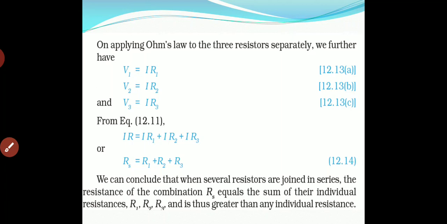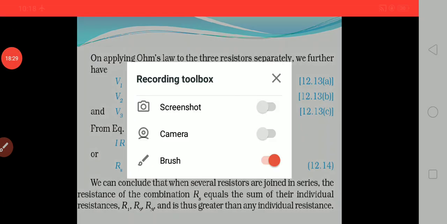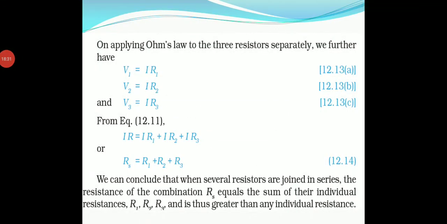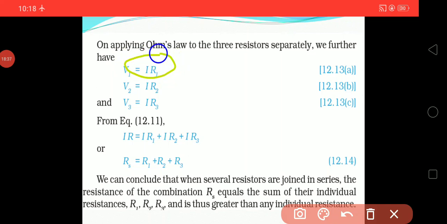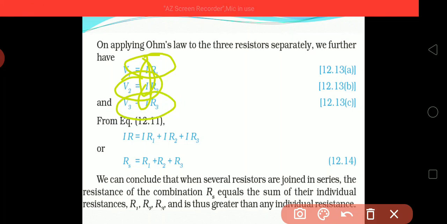Now, if we individually apply Ohm's law, what will be the values? Here you can see that V1 is equal to IR1, that is for the first resistor. In the same way, for the second resistor the potential difference will be V2 and the resistance R2, with I equal in all three resistors.